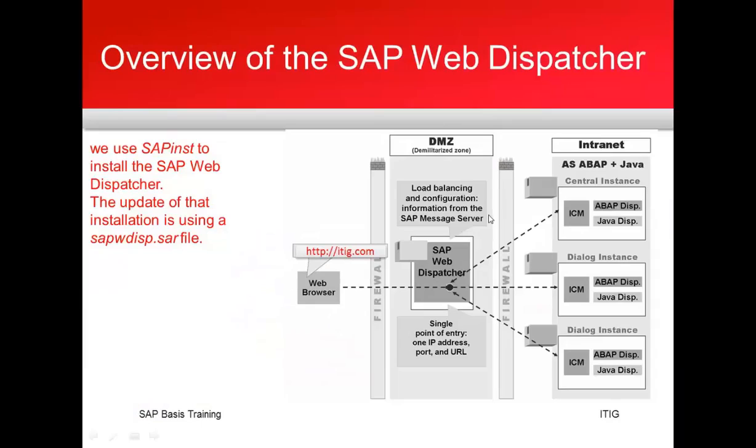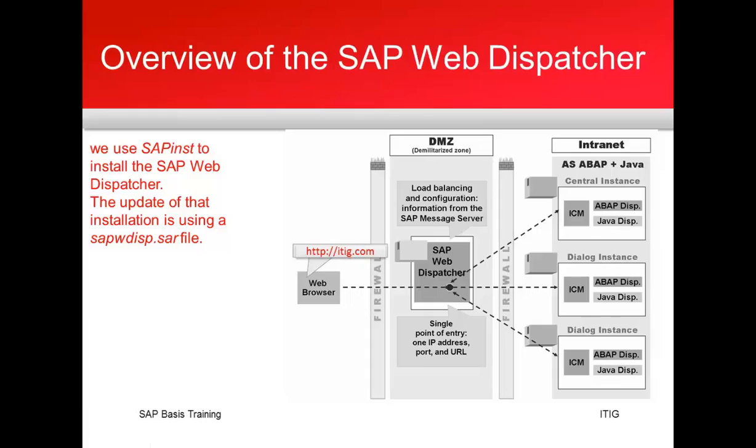So here you can see the location where the SAP Web Dispatcher is normally placed. You have a demilitarized zone. If you are familiar with the architecture of a system, especially if your user is trying to come from the internet, it will pass through a zone called the demilitarized zone.